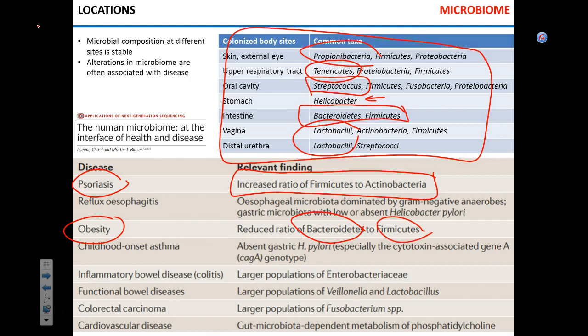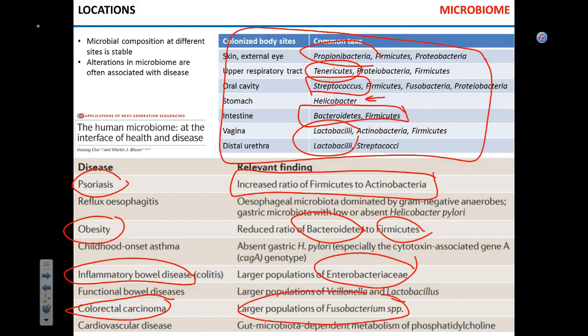Okay? IBD, inflammatory bowel disease, ulcerative colitis, increased abundance of Enterobacteriaceae. Does that make sense? In colorectal carcinoma, basically colon cancer, associated with large populations of species from the genus Fusobacterium.